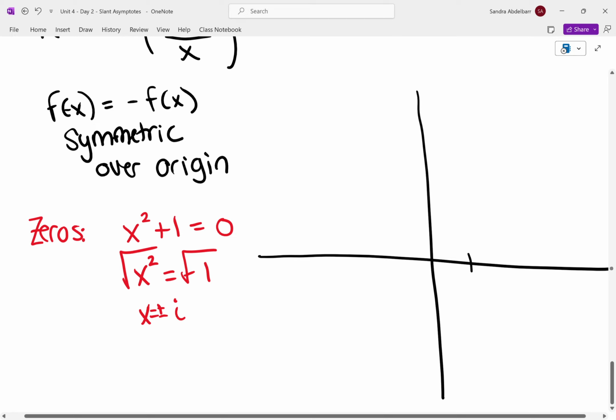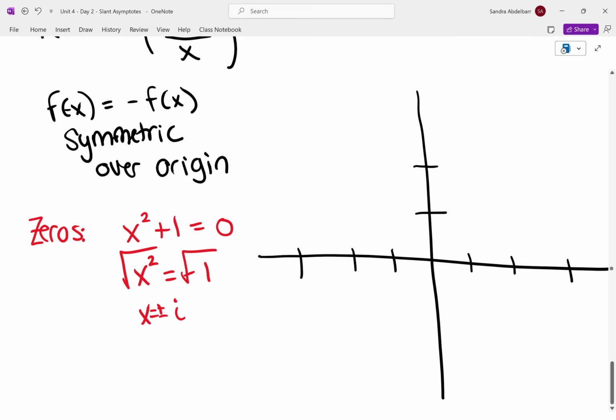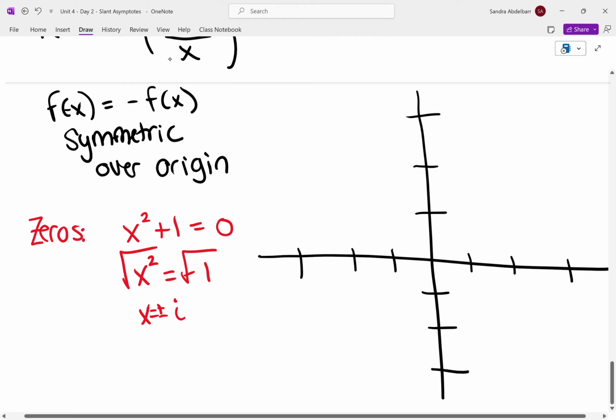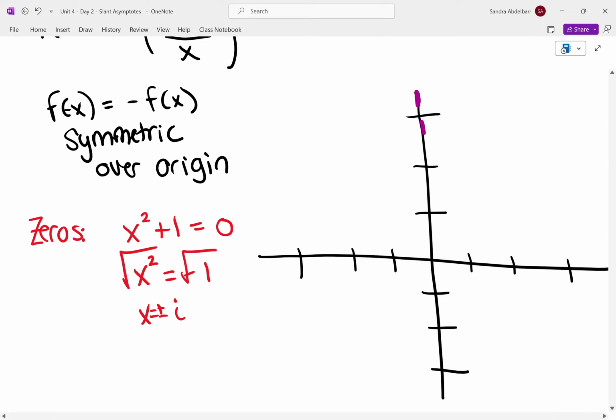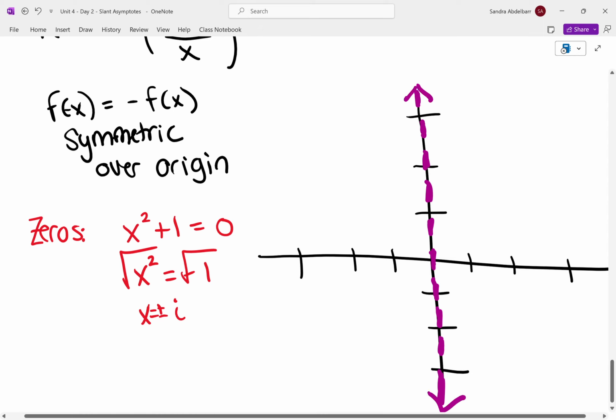Alrighty, let's get our sketch out. All right, so we have our vertical asymptote at x equals 0. I'm just using a different color to really emphasize this.